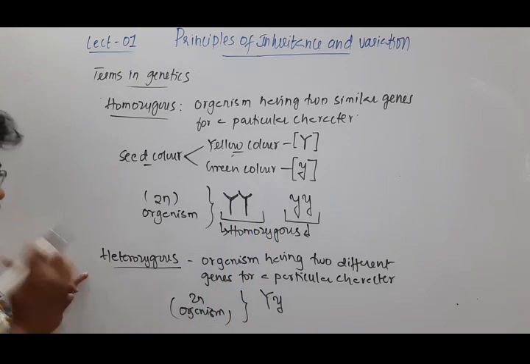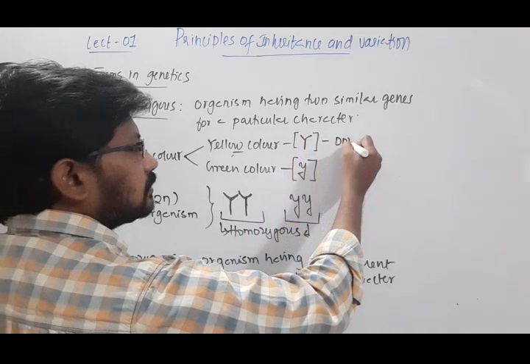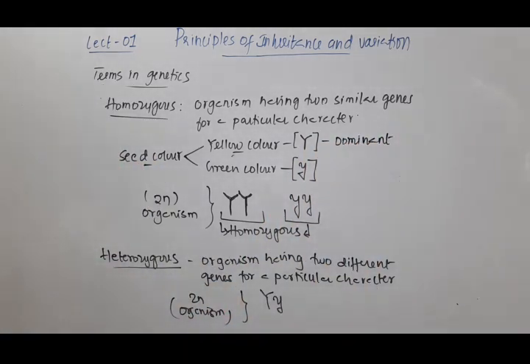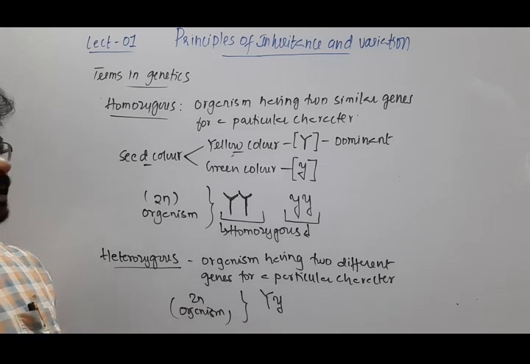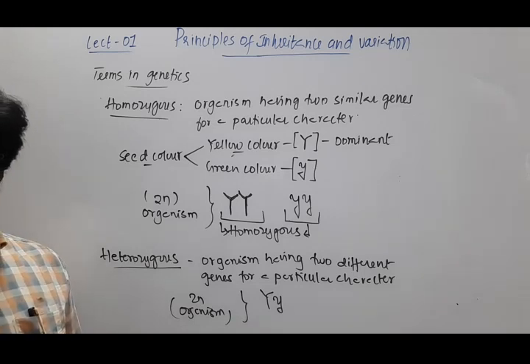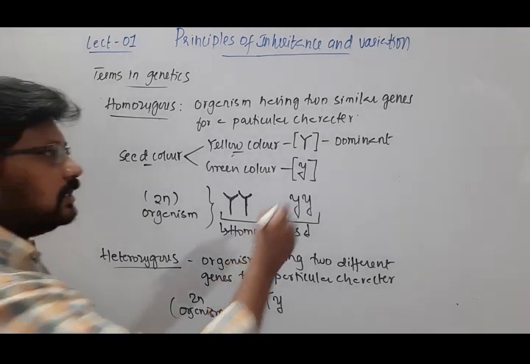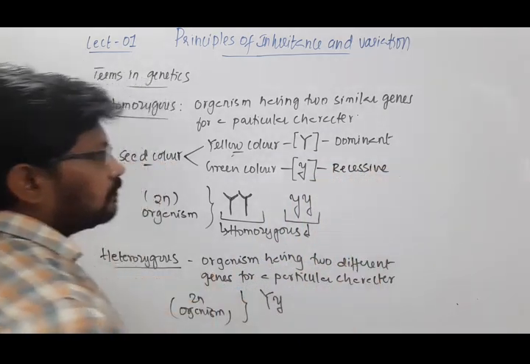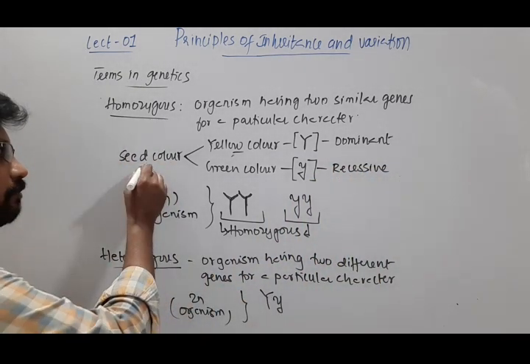Of course, usually in genetics, the dominant character will be represented with the capital letter, and the recessive character with the small letter. So this is recessive, and you need to take the same alphabet for a particular character.